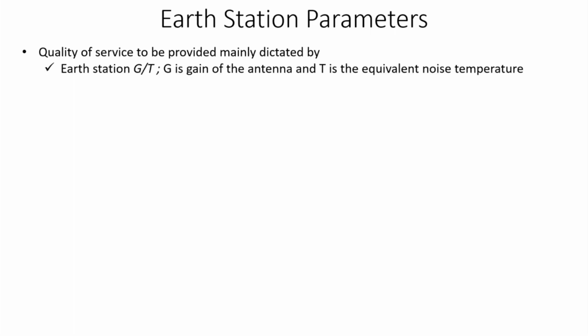Now, what are the important earth station parameters? Again the question comes of the quality of the service. The quality of the service is dictated by the earth station G by T. What is G? G is the gain of the antenna.